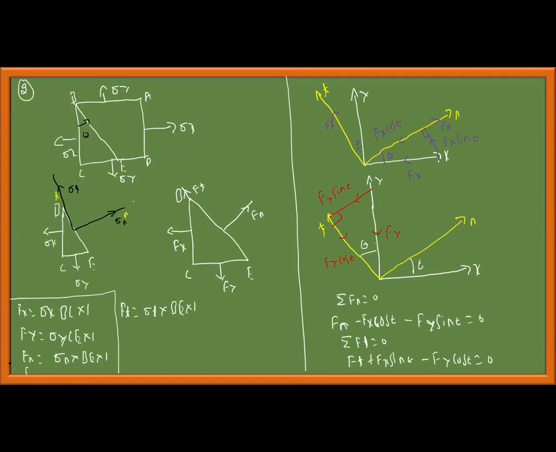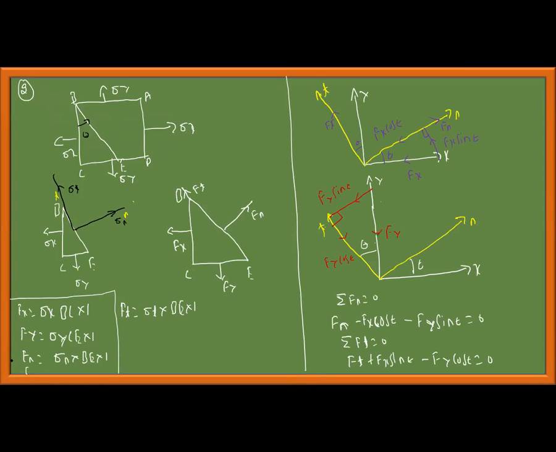Okay, now let me write the equations. Summation of f of n is equal to 0, which is f of n minus f of x cos theta minus f of y sin theta equal to 0, or f of n is equal to f of x cos theta plus f of y sin theta.